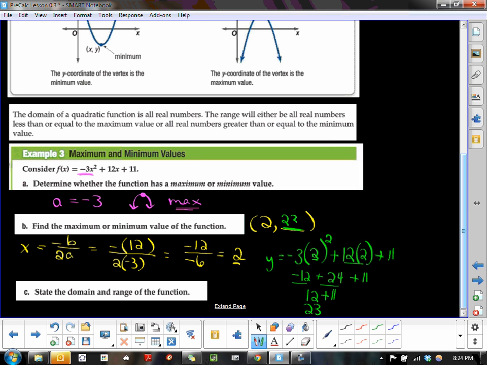So at 2, 23, we have now identified the vertex, and since it was a maximum, this is going to be our maximum value. So we have a curve that's coming up, coming down, and the maximum point is 23.